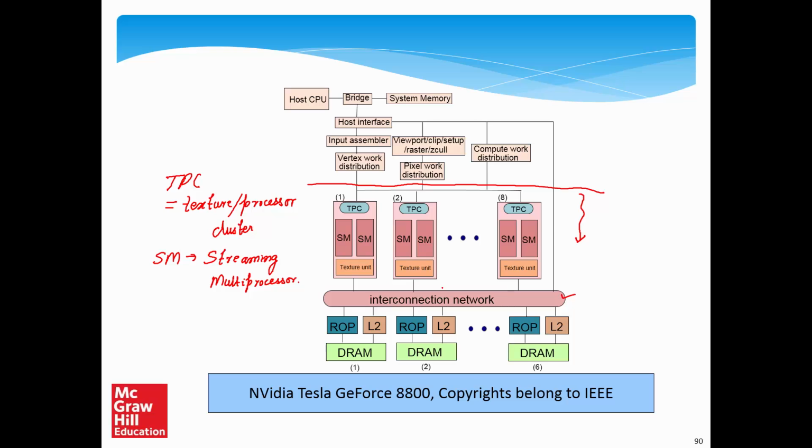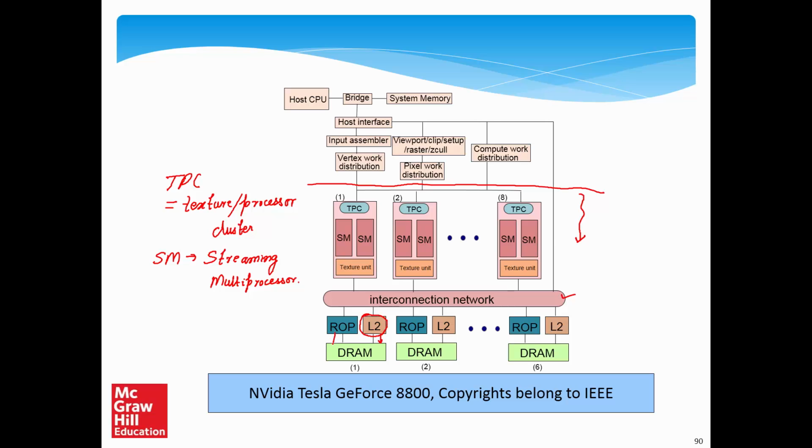They can be interconnected in many ways. We'll look at the different ways, but let's assume that in any network, any SM can communicate with any of these modules over here. So we have 6 DRAM modules, where one module can contain a fair amount of graphics DRAM. And there is an L2 cache between the interconnection network and the DRAM.